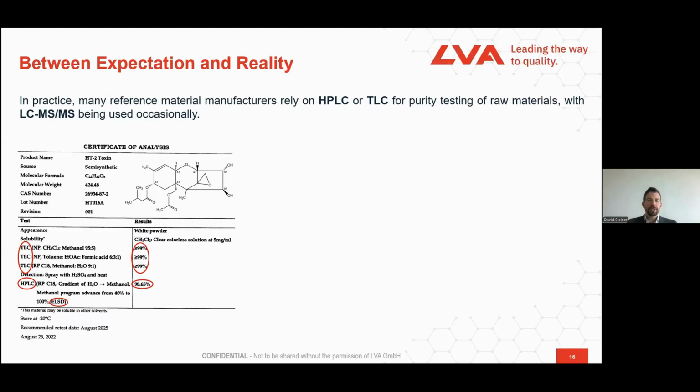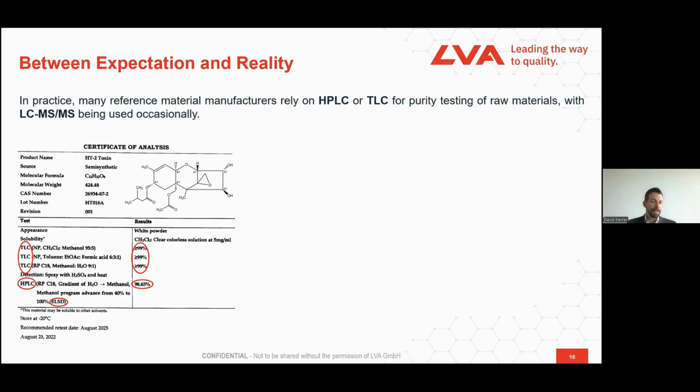So one of the first examples I would like to show is based on an HT2 toxin neat standard we received from one of our suppliers. As we discussed earlier, qNMR in this case would represent the state-of-the-art approach for the purity determination. However, in practice, many manufacturers still rely on secondary methods like HPLC or even thin layer chromatography, as also indicated in the certificate shown here.